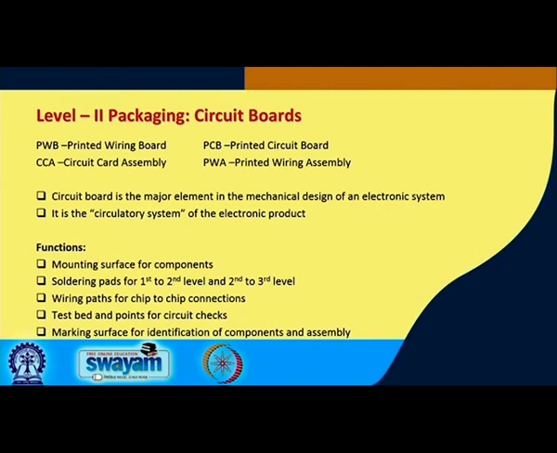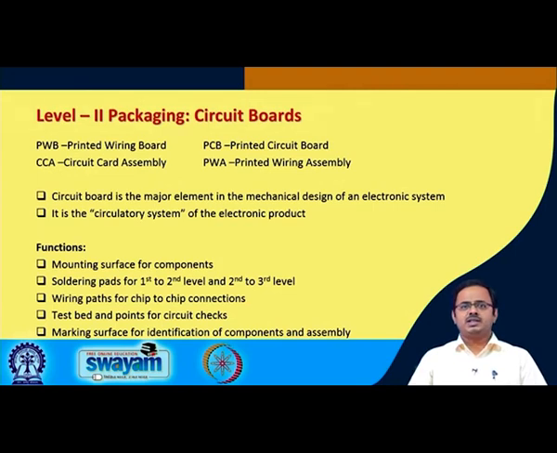So, these four terms and acronyms are used widely across this industry and most often they mean the same thing. Okay. So, the circuit board is a major element in the mechanical design of an electronic system. If you think about it, I would say it is a circulatory system of the electronic product.